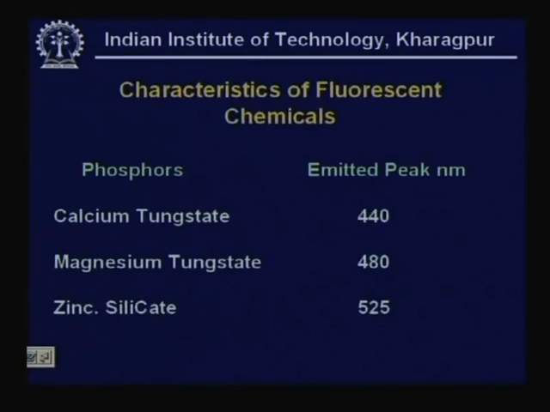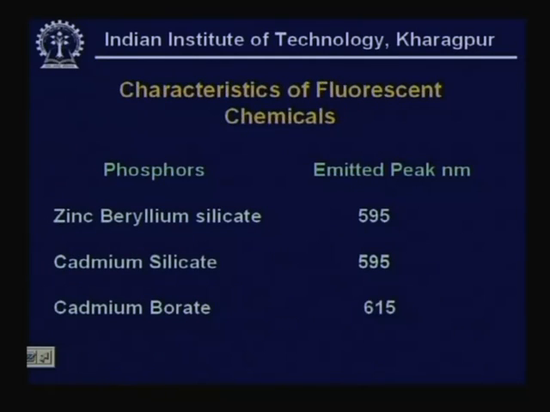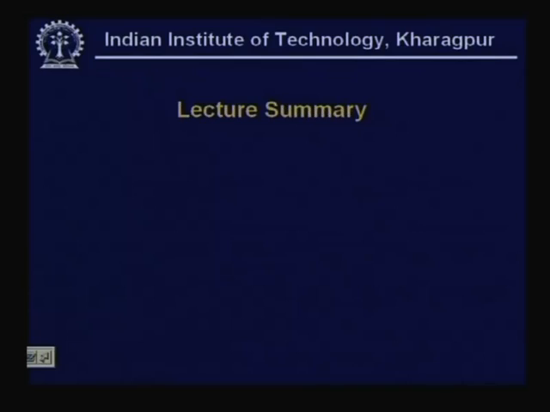Probably zinc silicate and zinc beryllium silicate are possibly the most commonly used phosphors, because of their emitted peak sensitivity close to the eye's peak.